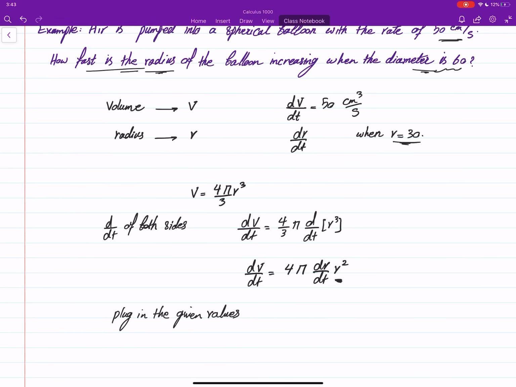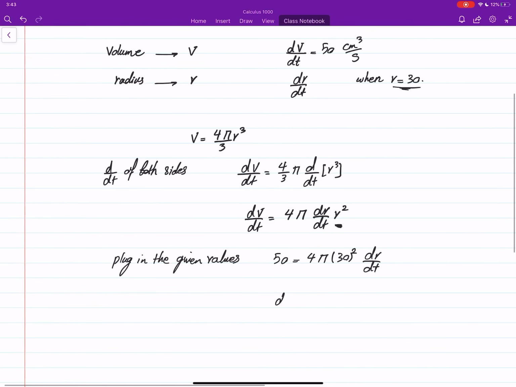And this gives us 50 equals 4 pi times 30 squared times dr/dt. And from here, we can find dr/dt is 50 over 4 pi times 900.